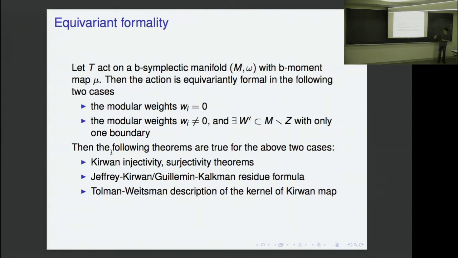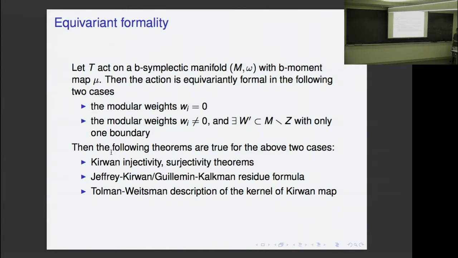All these classical theorems in the symplectic case have to work in the equivariantly formal setting. And if we can guarantee the equivariant formality, then all these theorems will work in the b-symplectic case.